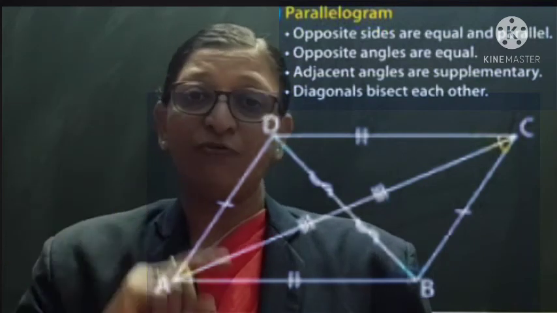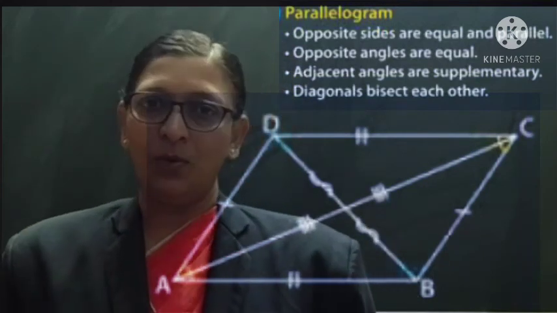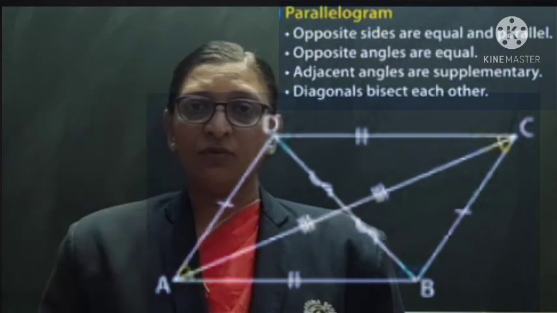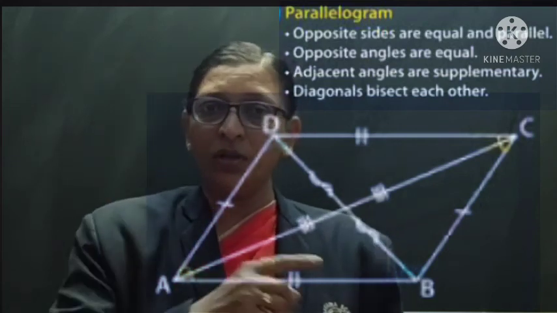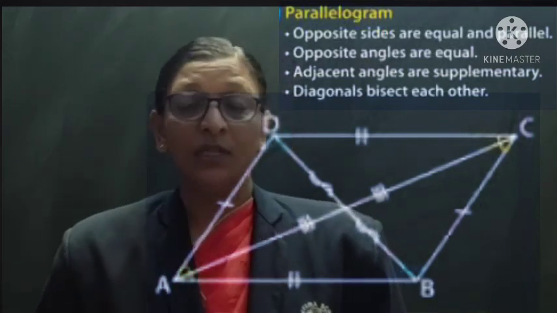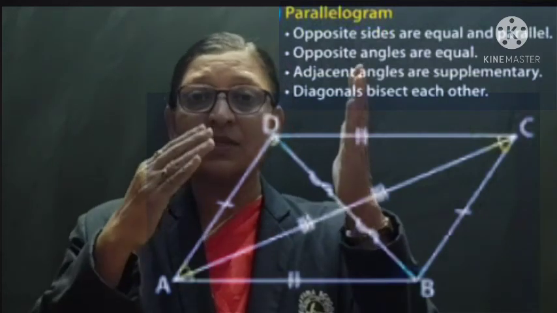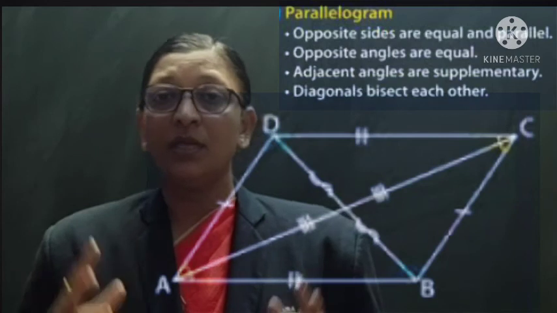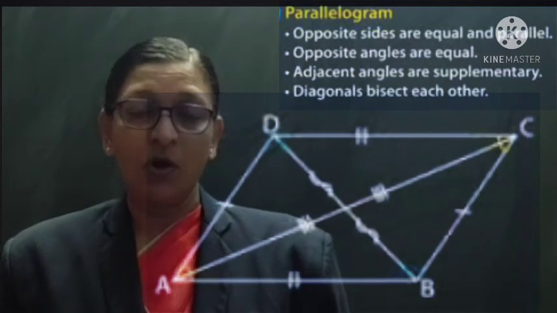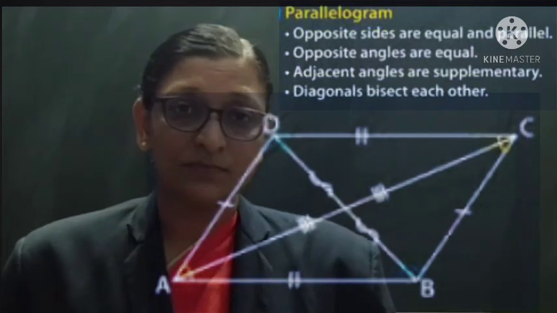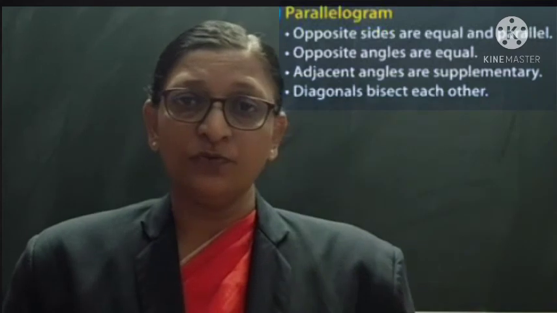Opposite sides of a parallelogram are equal. And if you make a diagonal of a parallelogram, then the diagonal bisects the parallelogram into two equal triangles or equal halves. Let us prove all these properties with the help of theorems.